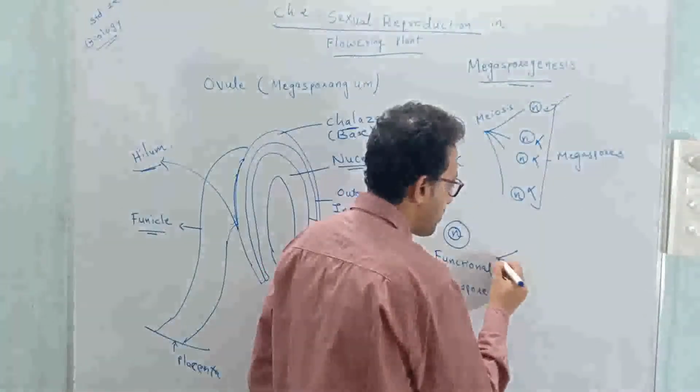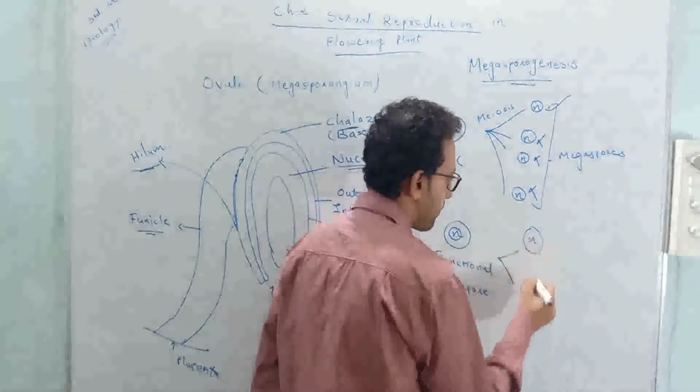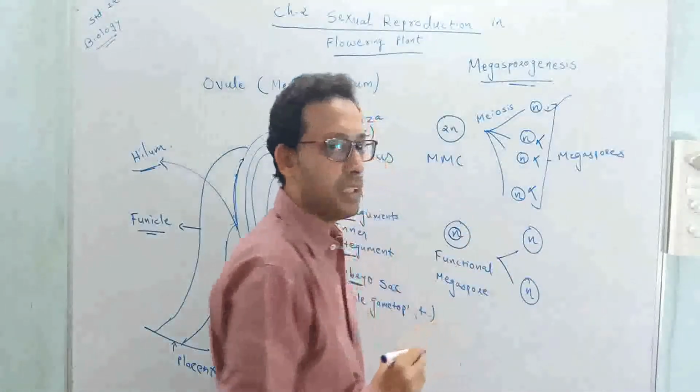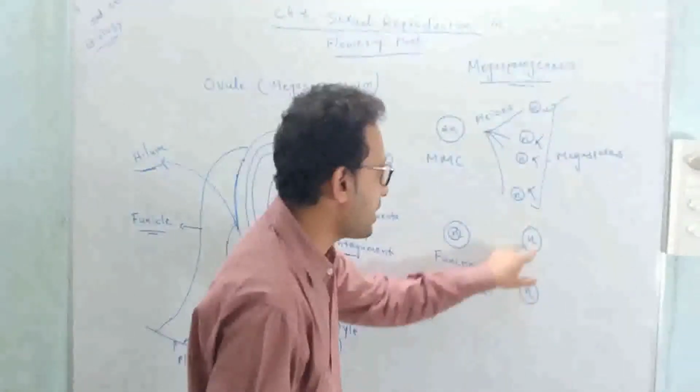So it divides by mitosis. I just draw a nucleus. It divides by mitosis, and 2 daughter cells are produced.